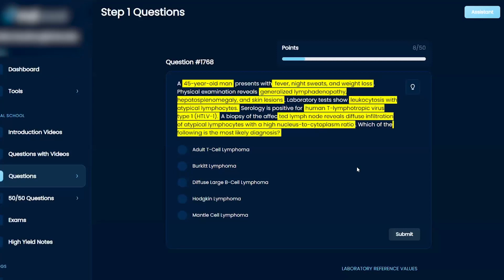So, okay, I know the main question, but I'm trying to see the relationship between this and this HTLV. So it just says we just test positive for it. I'm trying to understand what's the importance of that and the relationship.